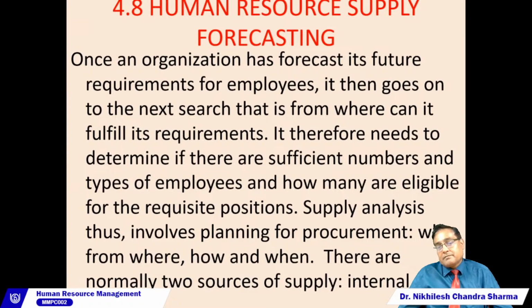Supply analysis thus involves planning for procurement: who, from where, how and when. The answers to who, from where, how and when are part of this plan. There are normally two sources of supply, internal as well as external. Two types of supply we can use in the case of human resource supply forecast.